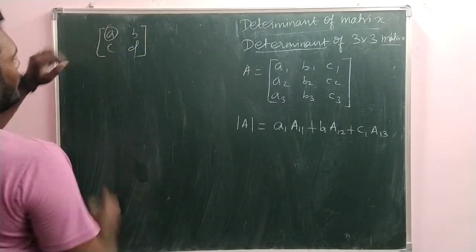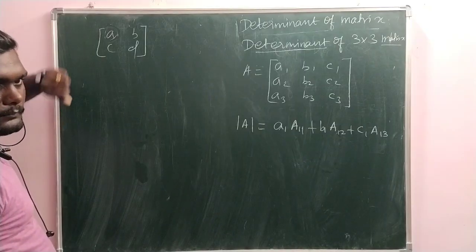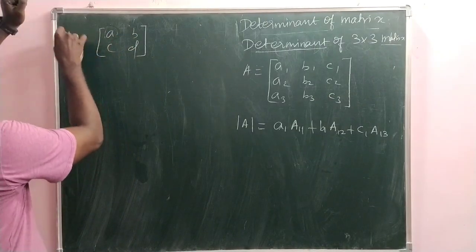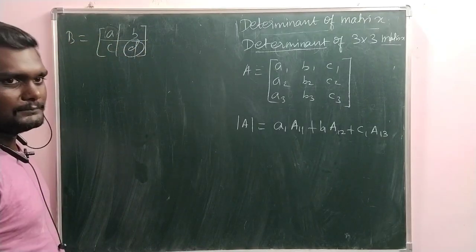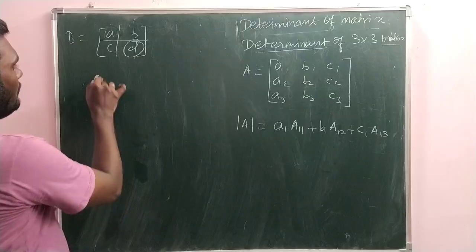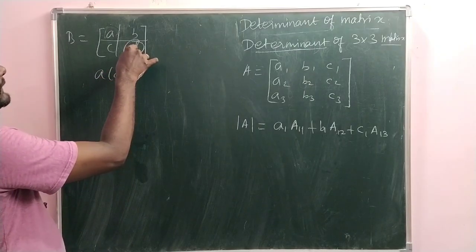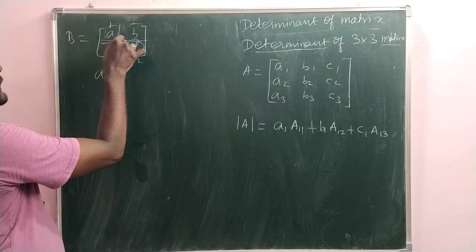What is minor of A, you know? Say what is minor of A in this matrix. Leaving this row and column, this is D. So first element into cofactor of this. This is a 1 1 place, right? So positive, negative, negative, positive.